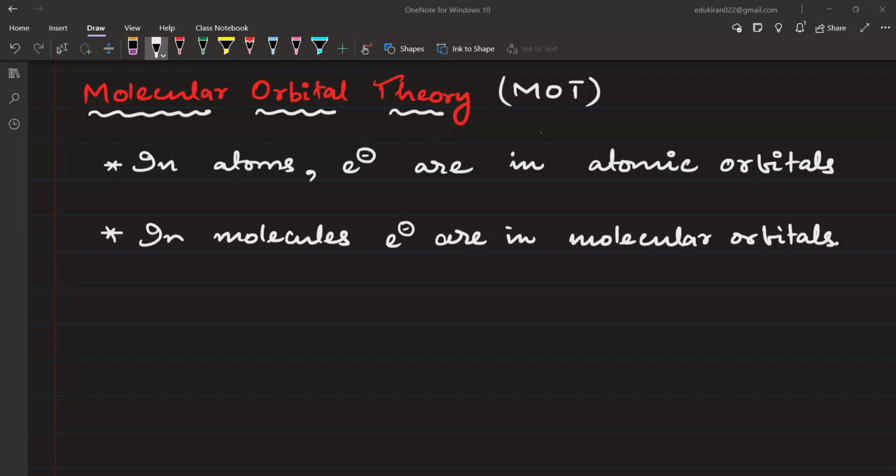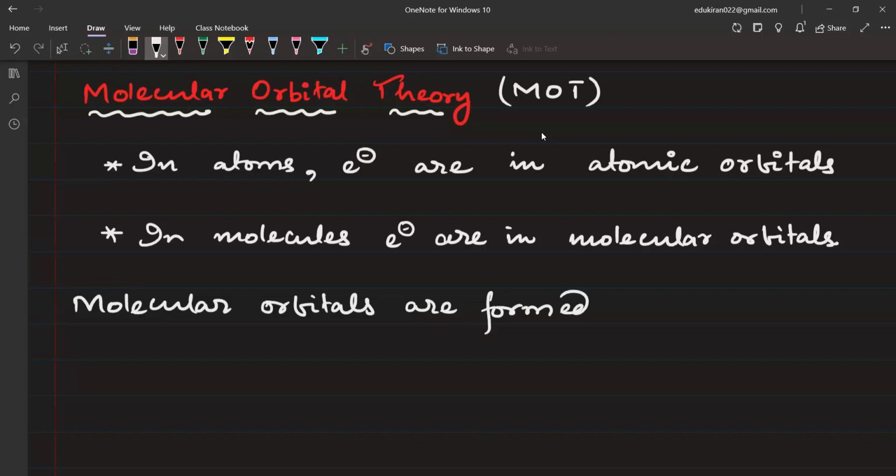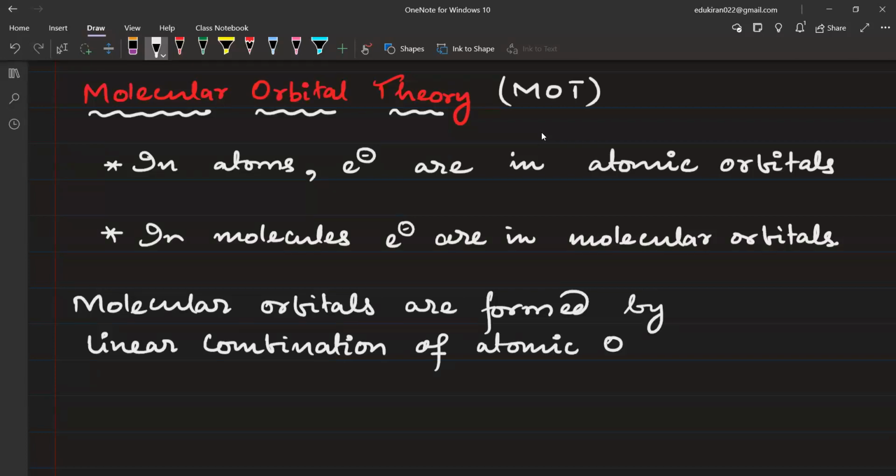Molecular orbitals are formed by, so obviously atomic orbitals are going to combine, in a very linear fashion, so they are formed by linear combination of atomic orbitals.